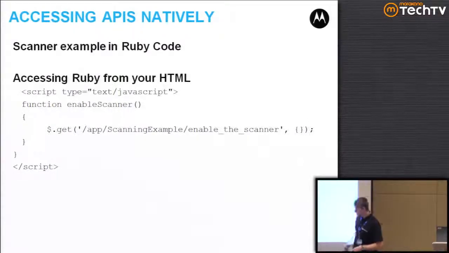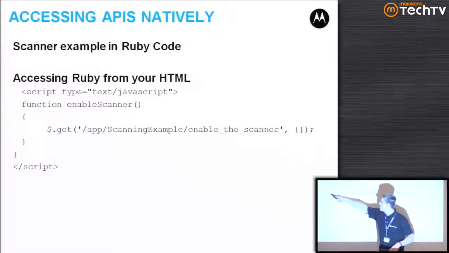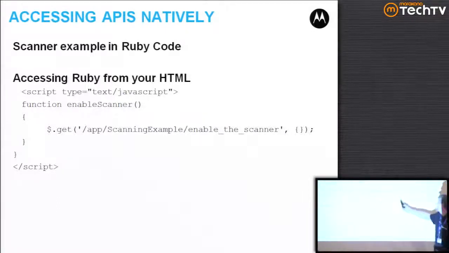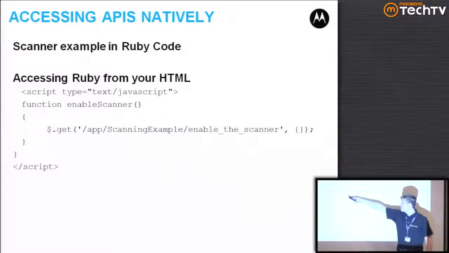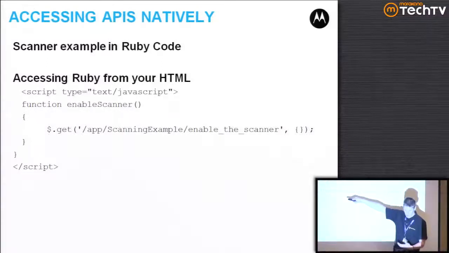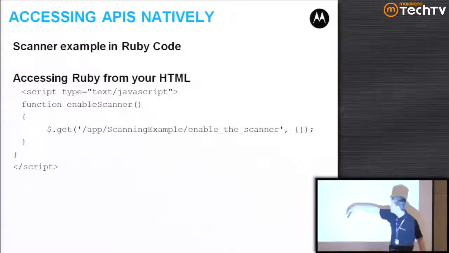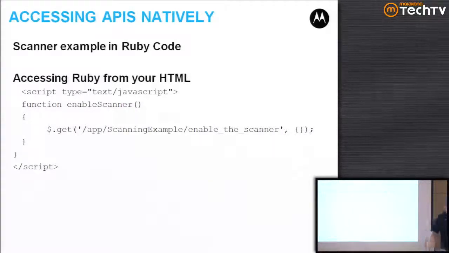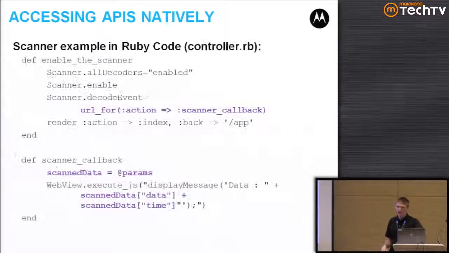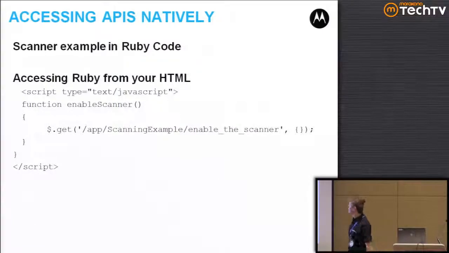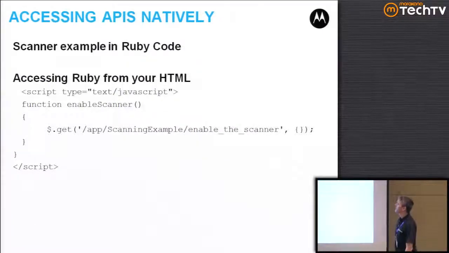So the way we do that is to use this Ajax call here, $get, and the native application is called scanning example in the app directory in the hierarchy that, if you've been to any of the presentations yesterday, you would have seen. And enable the scanner, just for completeness from the previous slide, I use the same name here, def enable the scanner. And it doesn't take any parameters, and that, in a nutshell, is how you go from the client to the server.